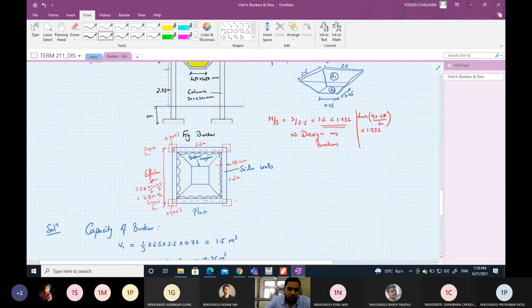So this pressure will cause tension in these two walls, and these two pressures will cause tension in these two walls.